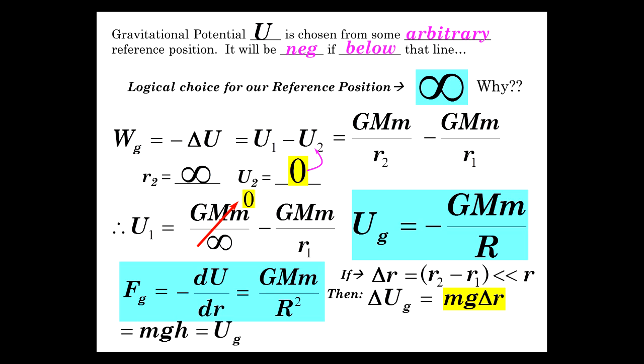The delta r in this case would just be the height. So that's just mgh, and that is then the gravitational potential energy, because it was 0 on the floor, so the change is just how much increase there was in going through delta r, which is h. So mgh is U_g. That's a practical version of this more generalized expression.